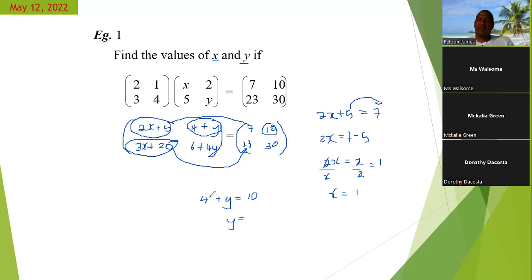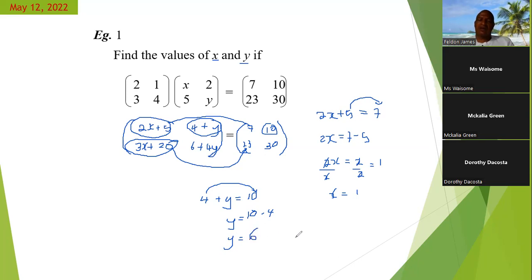So now we bring over the 4 and subtract it from the 10. So we'd have 10 minus 4. And then what would y be equal to here, guys? 6, sir. All right, good.